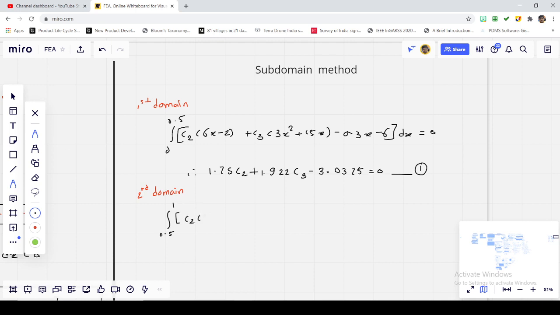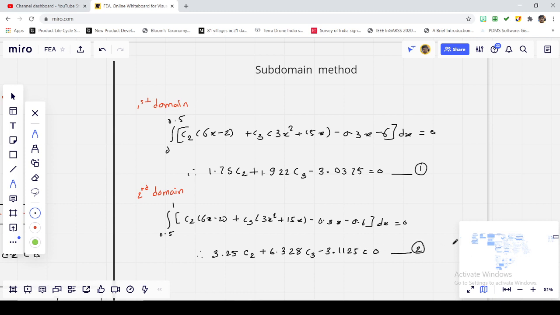So c2 into 6x minus 2 plus c3 into 3x square plus 15x minus 0.3x minus 0.6 dx is equal to 0. You can solve this also in a calculator. So you get 3.25 c2 plus 6.328 c3 minus 3.1125 is equal to 0. You can label this as equation 2.